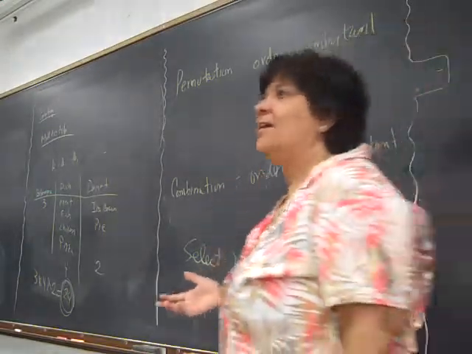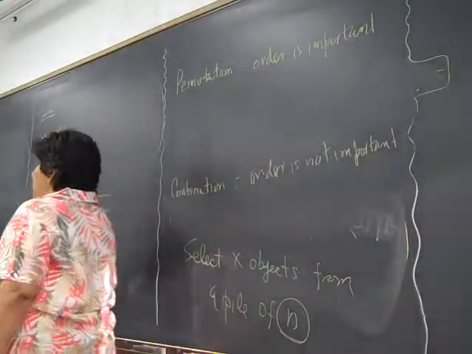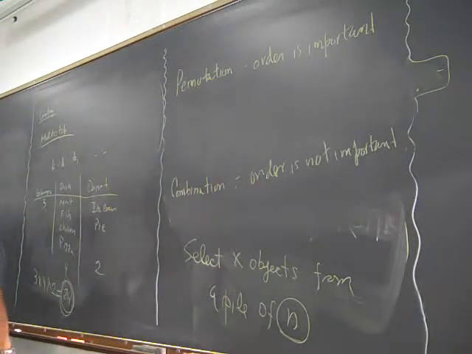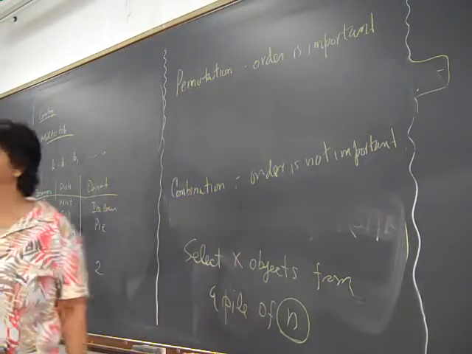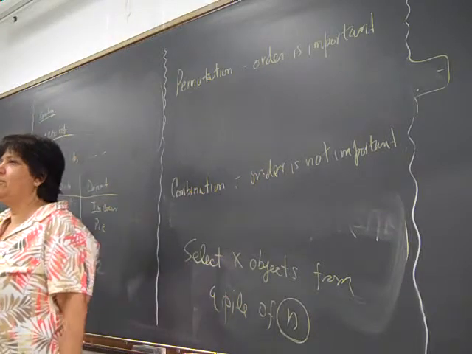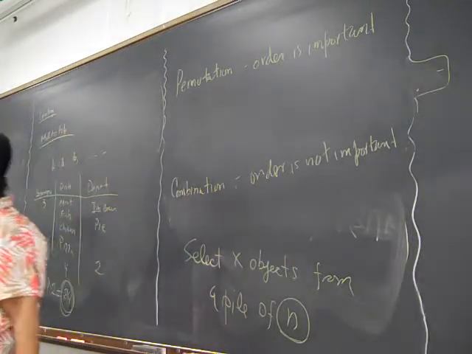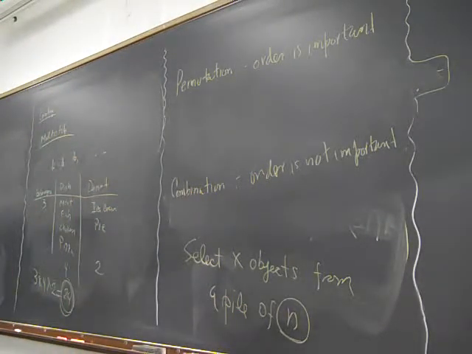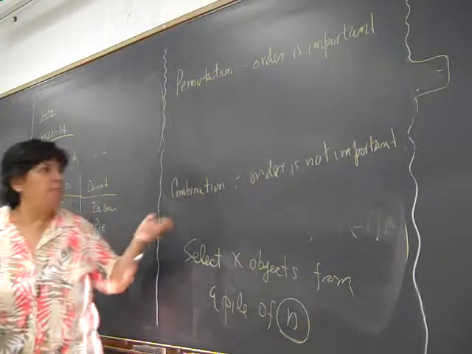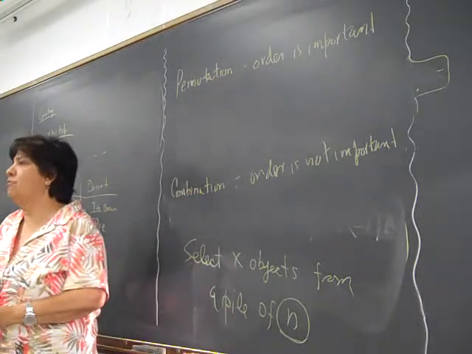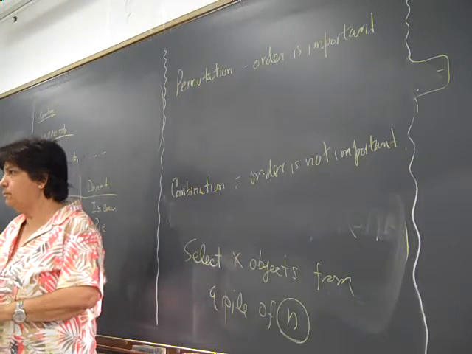But let's say that I'm going to select 3 students and give the first prize, Las Vegas, second prize, New York, and third prize, Atlanta. In that case, the order is important because each one is going to receive different things.